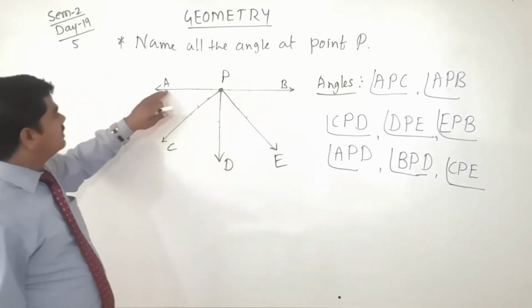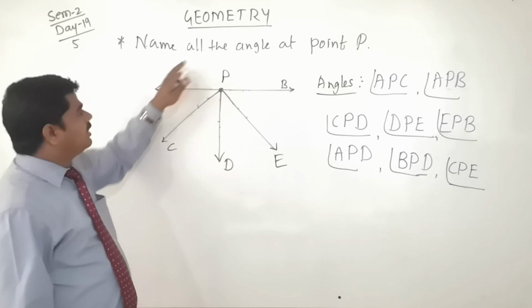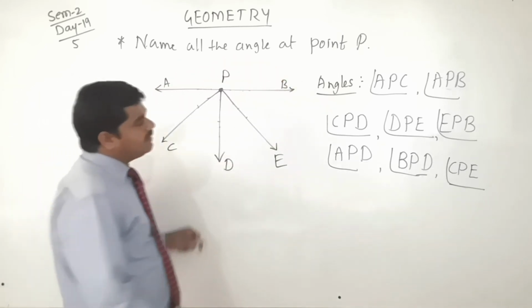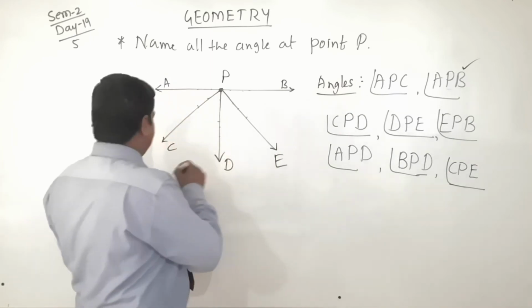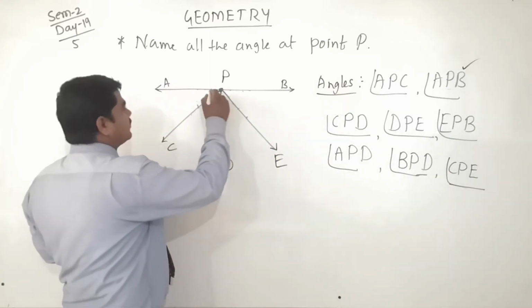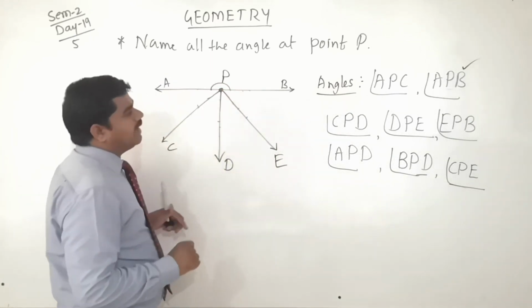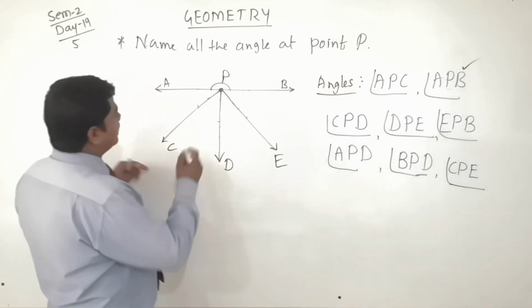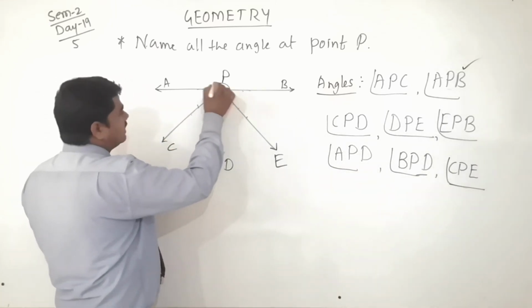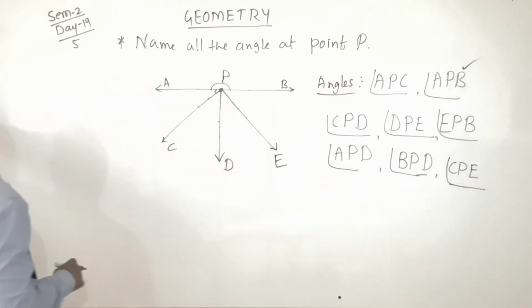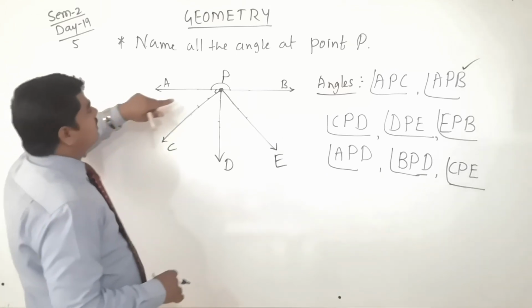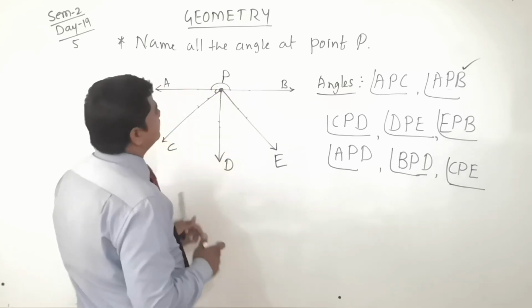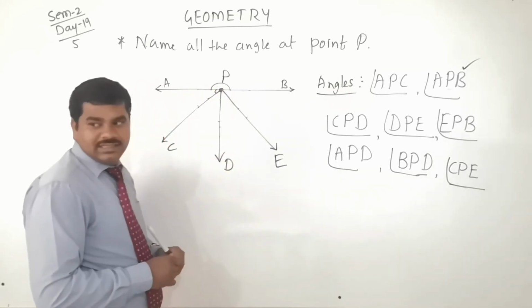Now first one, this is one angle we can take, APB. Here one angle. Yes, angle APB I will make here. Yes. Next, APC is here. There is one angle. APC is another angle.